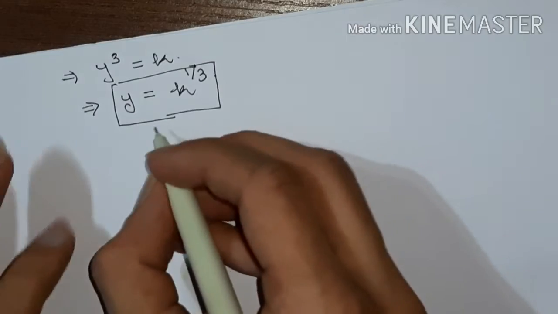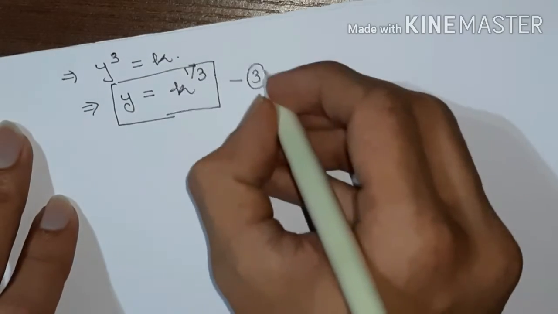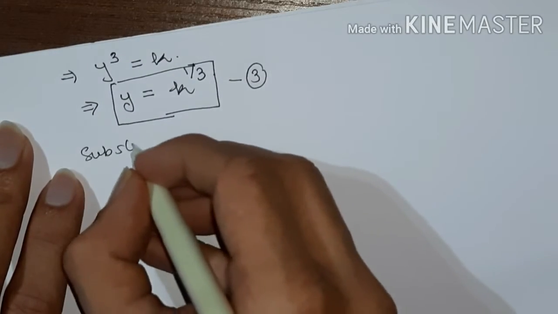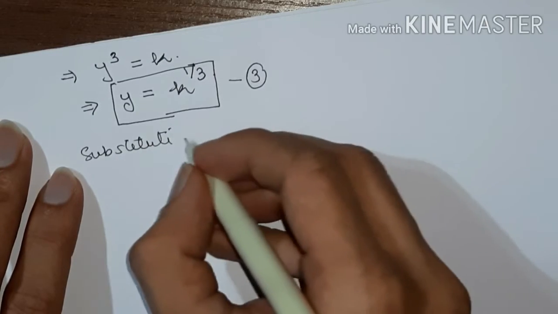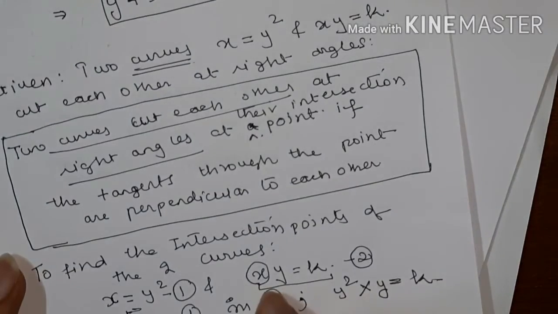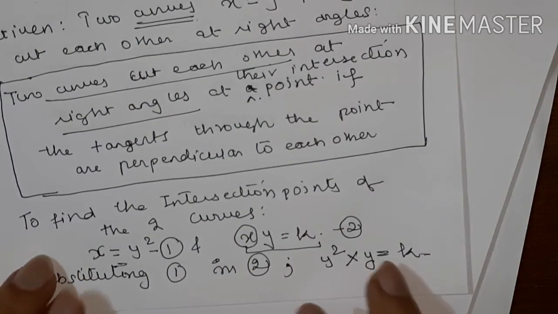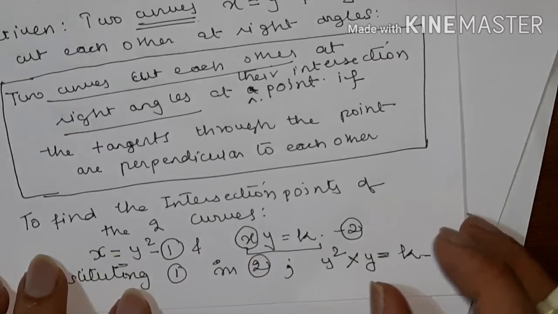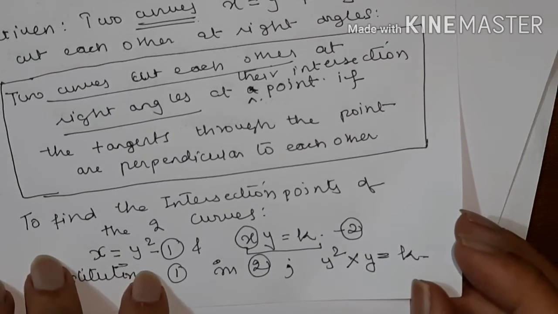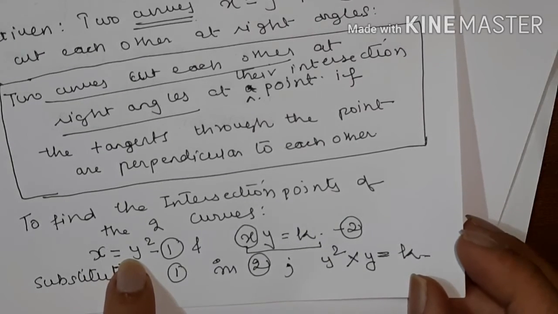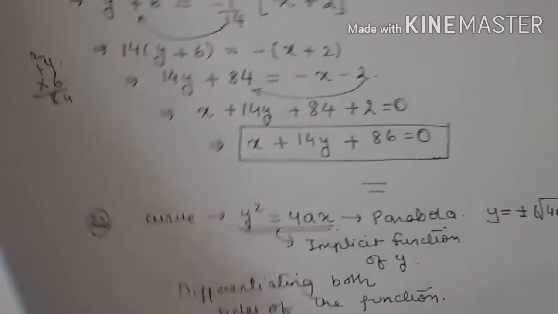Now suppose we substitute this. Let us call this equation 3. So substituting 3 in any one of these equations, 1 or 2 you can substitute. I will substitute it in 1. Y equal to k raised to 1 by 3, I'll substitute in 1.